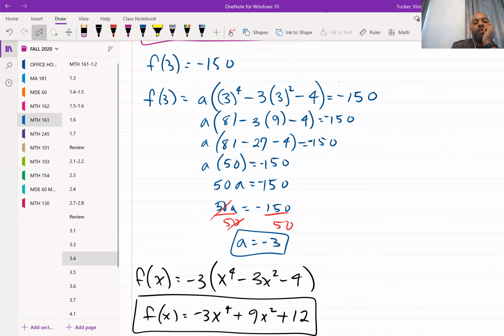So to finish it off, plug in -3 for a, and then you distribute the -3 to each term. So our final function, our actual answer, is -3x to the fourth plus 9x squared plus 12.